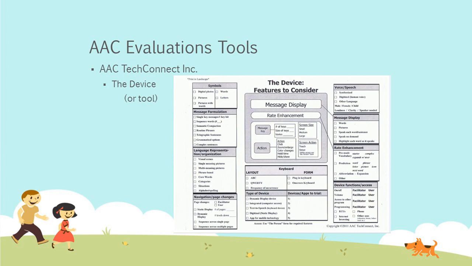But it really is mapping out every single thing from message formulation, what types of stimuli or symbols that the person may need, whether that's text or pictographic or photographic symbols. And it really is just a quick way for you to jot down some things that are working as you're doing these evaluations. And so it's really good to keep good records, and this is kind of like a one sheet tells all.